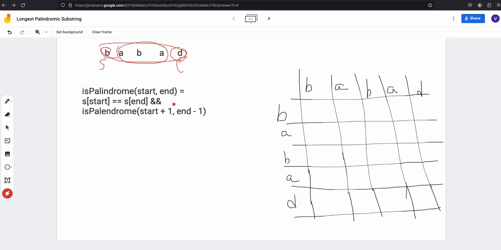So let's see for each specific length: length 1, length 2, length 3, length 4, length 5. For each length, how can we calculate it? So this is the recursive function. We can picture this recursive function in a 2D matrix. Let's try to fill this matrix by using this recursive function for each specific length.